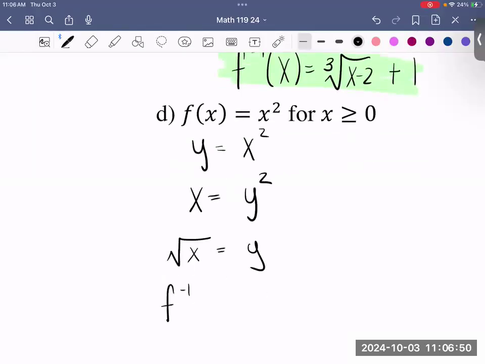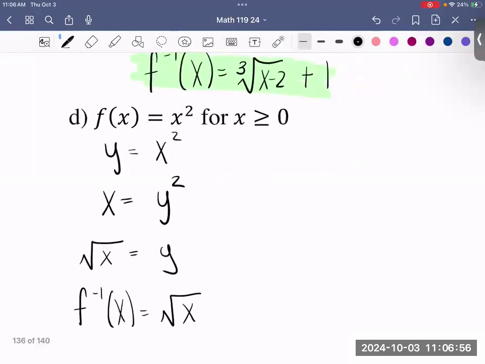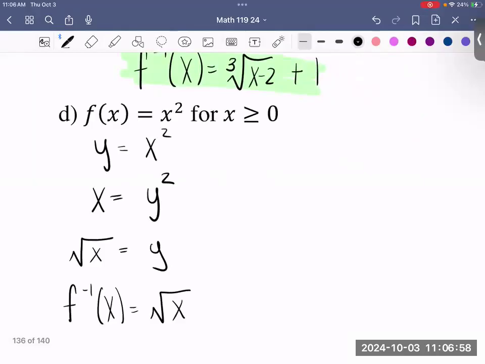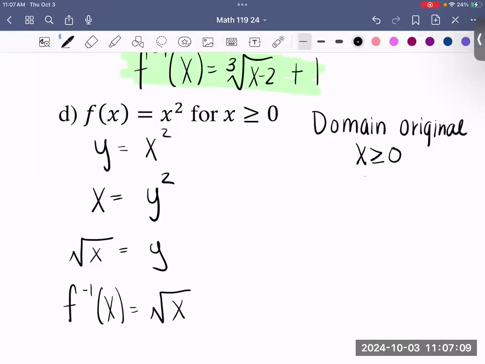So f inverse of x is equal to the square root of x. But keep in mind though, right, your domain and your range. What's the domain of the original? Well, this is x is greater than or equal to 0, meaning we're going from 0 to infinity.